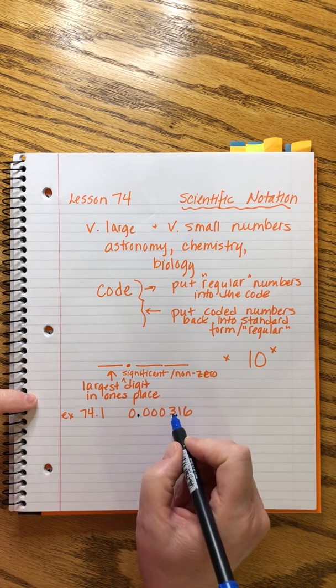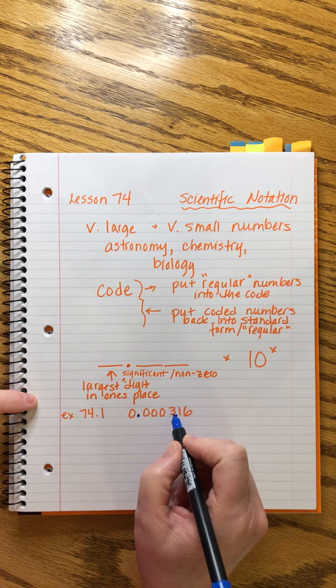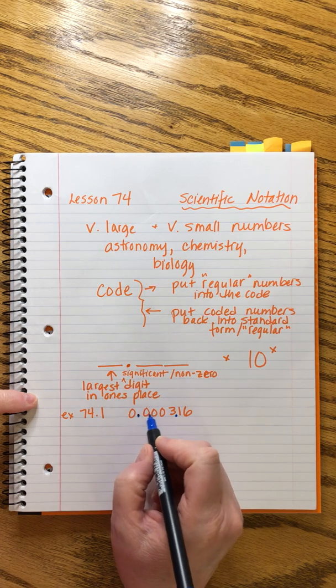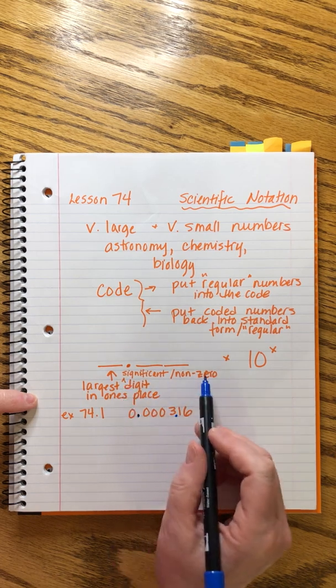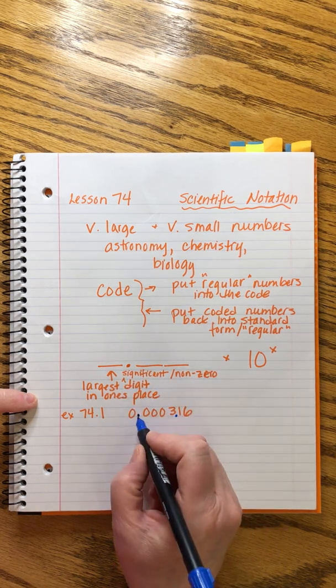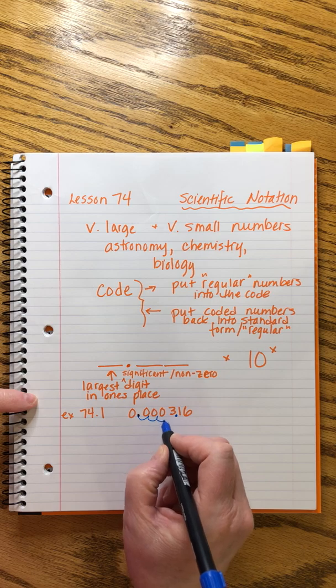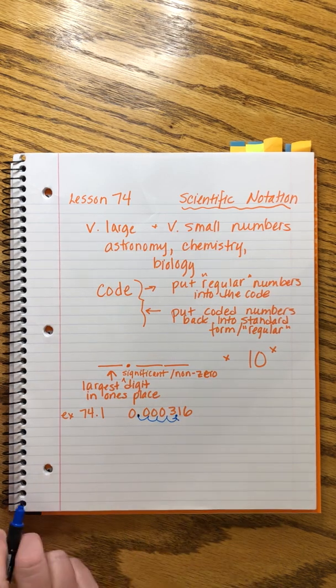Notice how 3 is the first significant digit. These are important digits in the number, but they are 0, so they're not significant digits. So we want to move the decimal there. We have to jump it 1, 2, 3, 4 times.